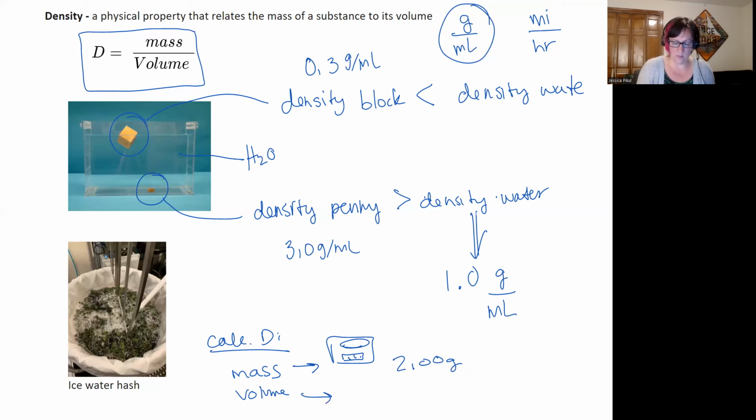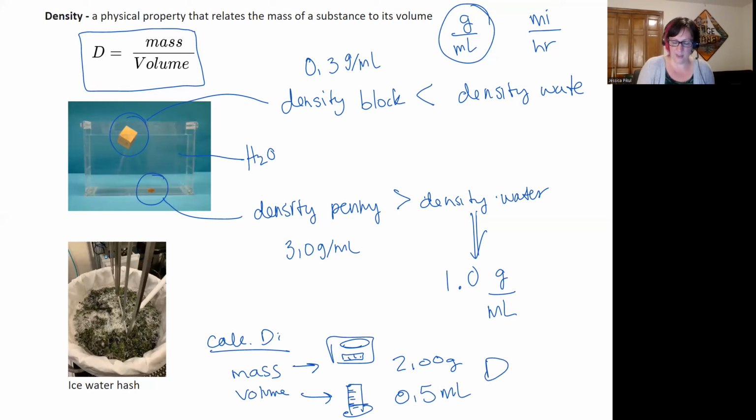And then the volume, you measure that, and I'm going to draw a graduated cylinder, and you'll see what these look like in the lab. And you maybe displace water, you figure out that the object that you're trying to calculate the density of has a volume of, let's do 0.5 milliliters.